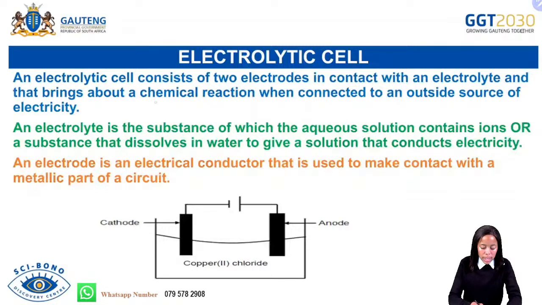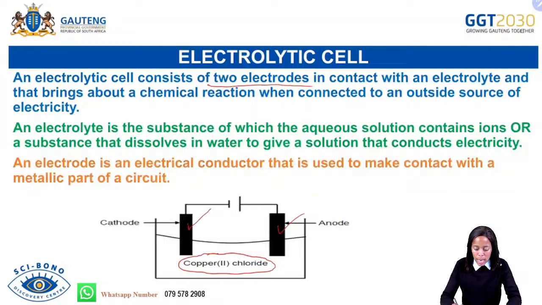Then it says an electrolytic cell consists of two electrodes. So again, we have two electrodes that are in contact with the electrolyte. So on the electrolytic cell then, this will be our electrolyte, that is our copper 2 chloride.